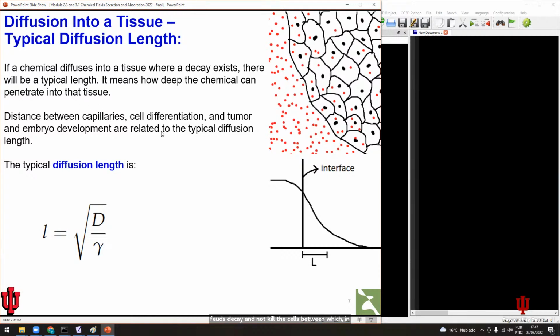And also cell differentiation. For example, you have the embryo, and the embryo is absorbing nutrients. Naturally, the cells inside will receive fewer nutrients than the cells outside. So you can have some spontaneous differentiation because of that.